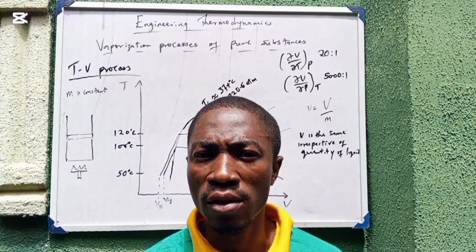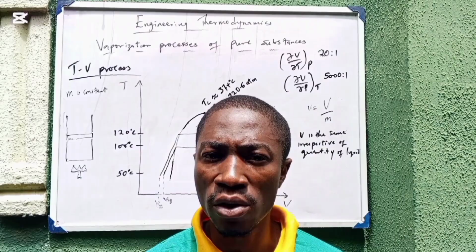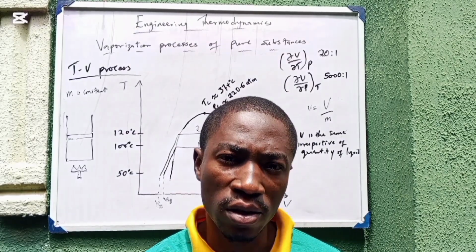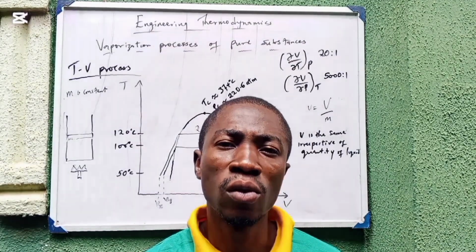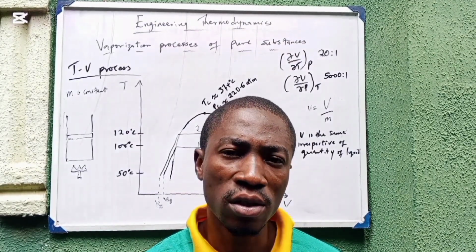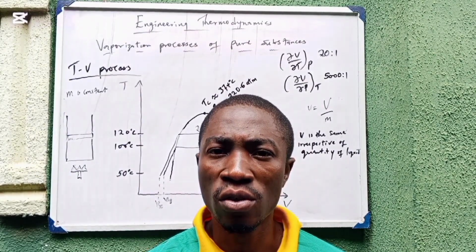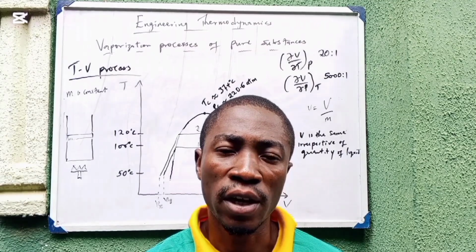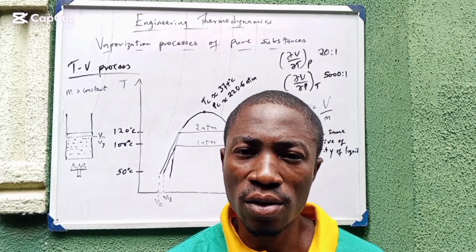So what that means is that once pressure is constant, as the temperature of a pure substance is increasing, the volume usually increases. But the issue is that the increase in volume may not always be proportional to the increase in temperature. But just expect that an increase in temperature would always cause the volume of a pure substance to increase at constant pressure.